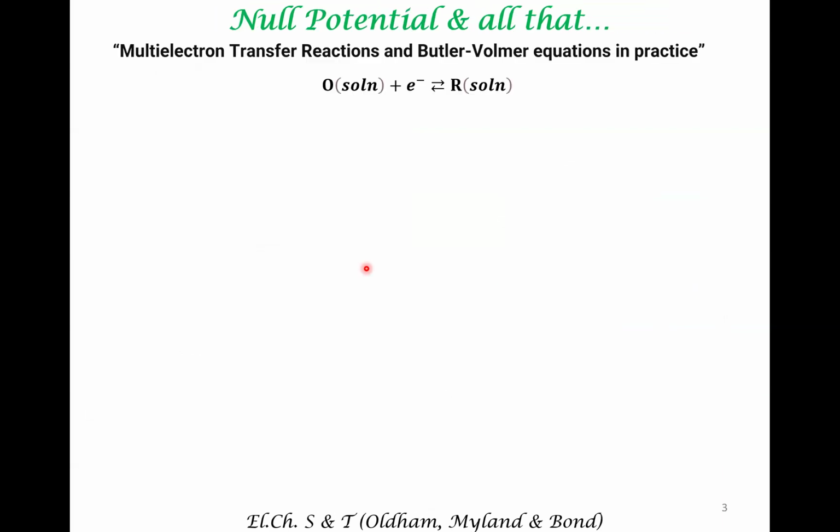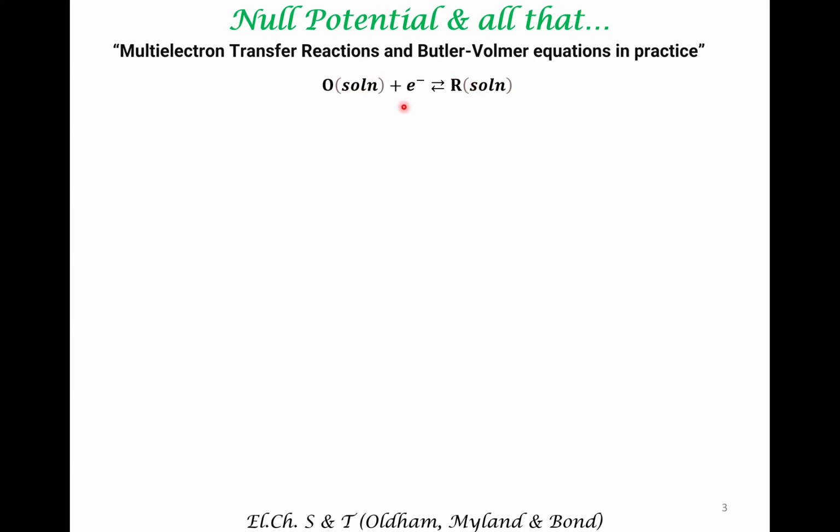Let's move on. Before we get into the central topic of this lecture, it is useful for you to revise this lecture that has been provided in this playlist. It is to do with electrochemical kinetics, and we looked at the kinetics of this particular reaction.